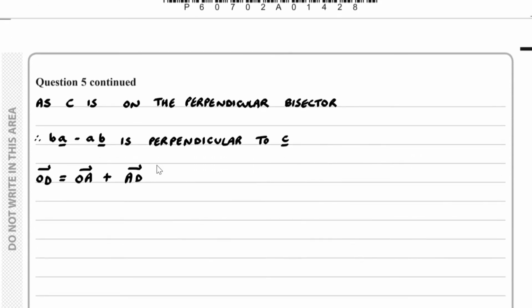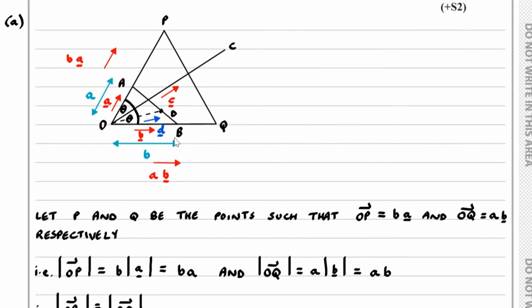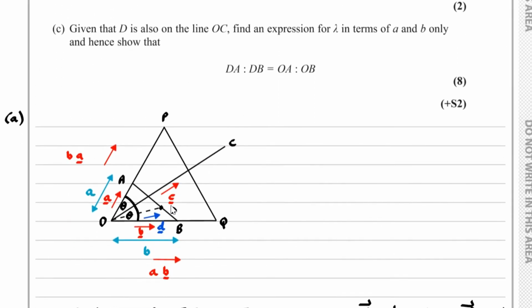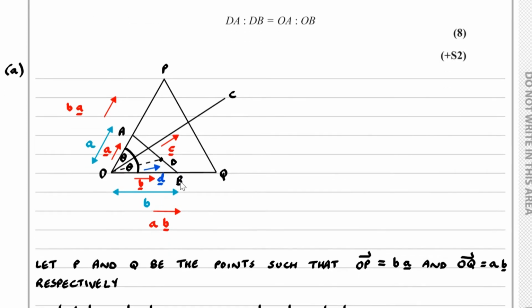But what we do know is since D is in between A and B, that means AD is a fraction of AB.